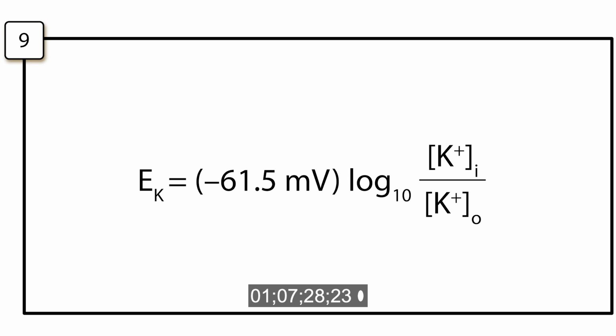That's the potential at which the potassium ion is as likely to leave the cell as it is to enter the cell. And the main force that you need to be concerned about, because it relates to the serum chemistry, is the concentration of potassium inside versus the potassium concentration outside.